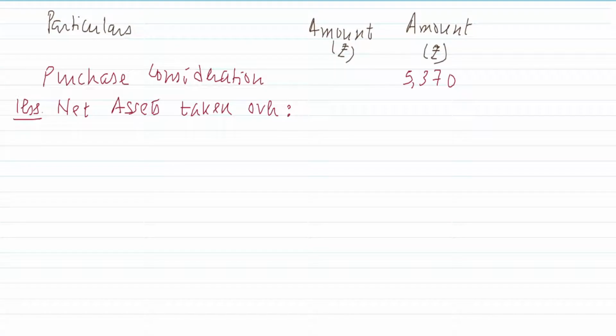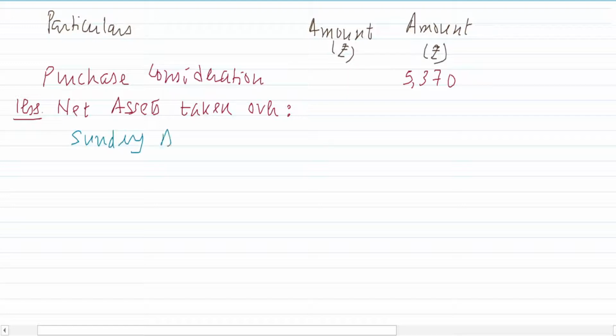So I'll put the net assets taken over. I'll say here sundry assets. Straight away from the balance sheet, I take a total of 6,600, less 13% debentures. I'm copying from the question now. I have a copy of the question. I'm writing from there. 350.